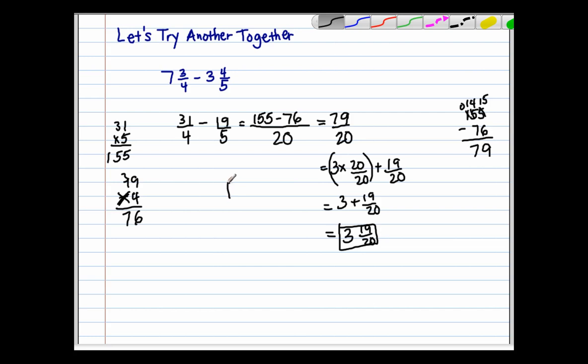If you wanted to do it the other way, by dividing 79 by 20, you get the same exact thing. How many multiples of 20 go into 79 without going over? 3 of them. We get to 60, and we have 19 remaining. And the answer is 3 and 19 20ths.